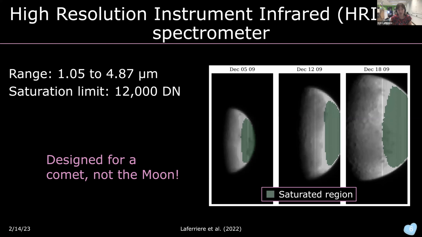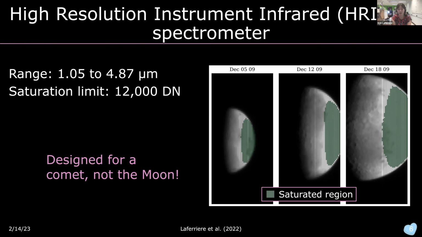The saturation limit of this instrument, however, did limit the observations. We placed it at about 12,000 DN. And so what we ended up getting is 3 days of observations, and in this image, the green regions are where we were not able to do any analysis because the spectrometer saturated.